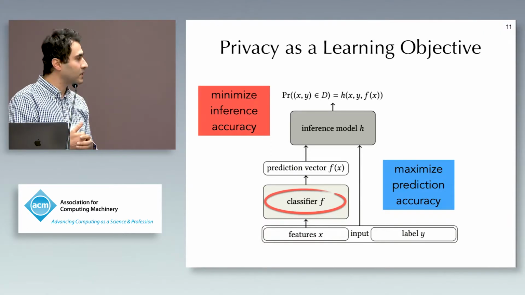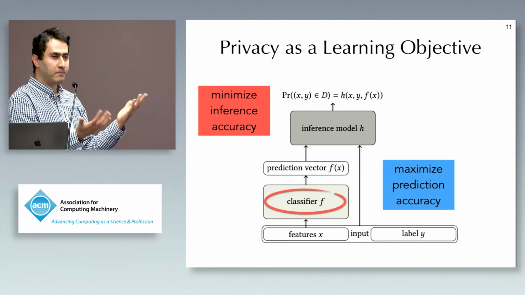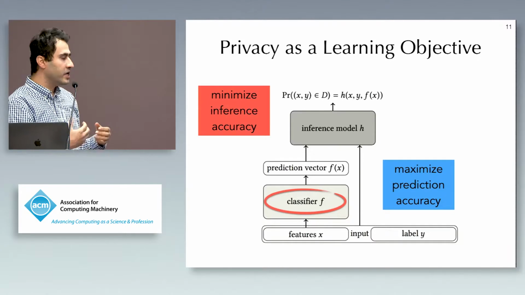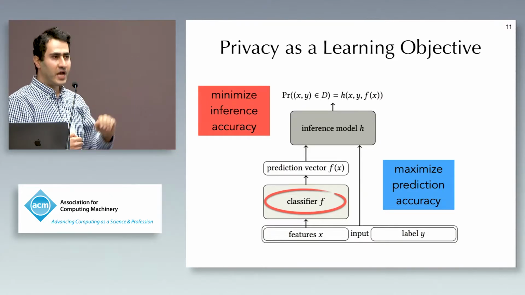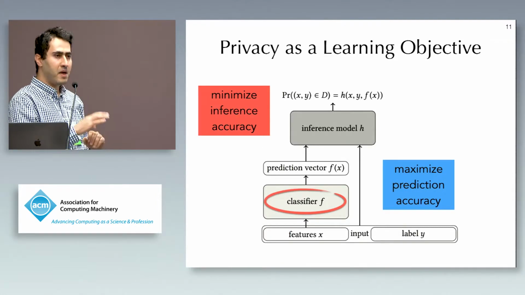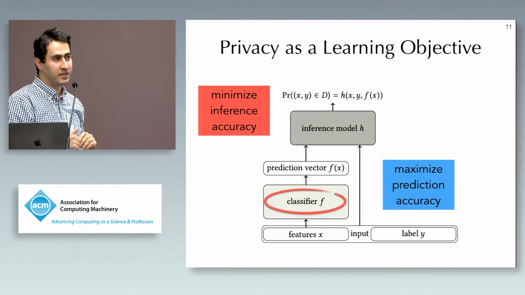And he has black box access to the classifier F. So he feeds his samples to the classifier, obtains the output from the prediction API, and he does this for the known members and non-members, and then based on that, he builds a classifier to distinguish members and non-members, right?